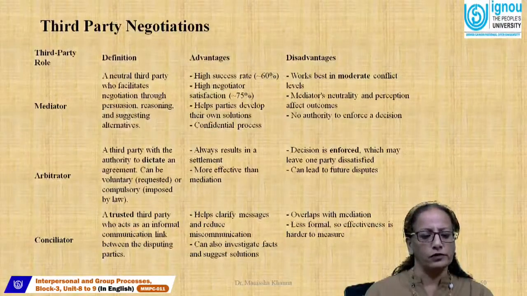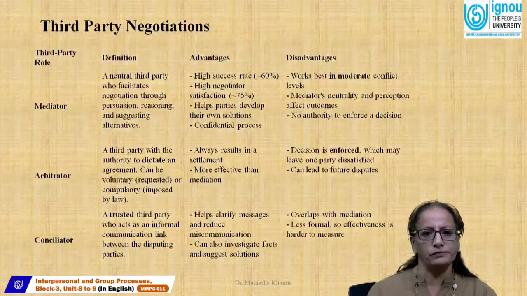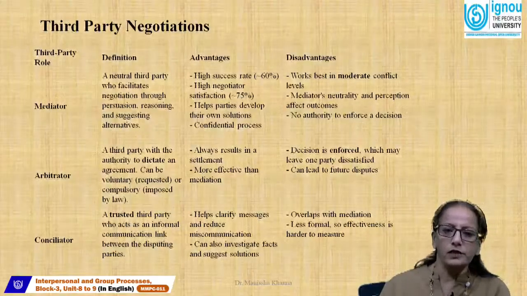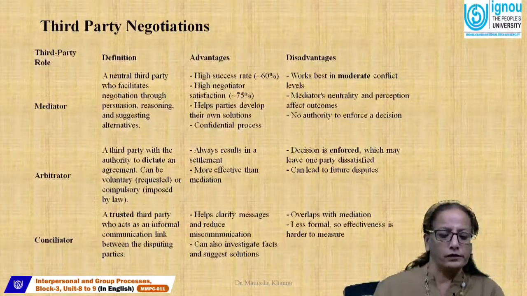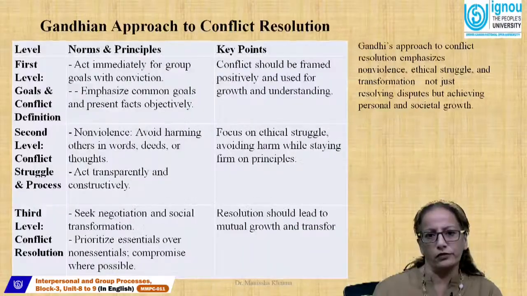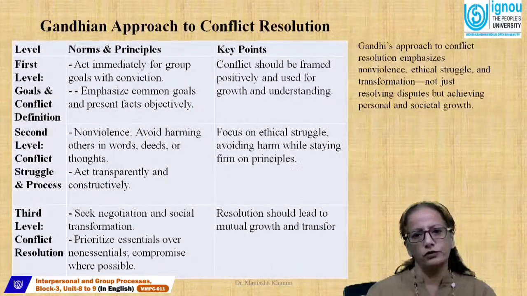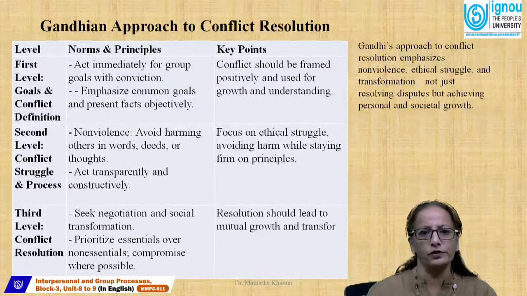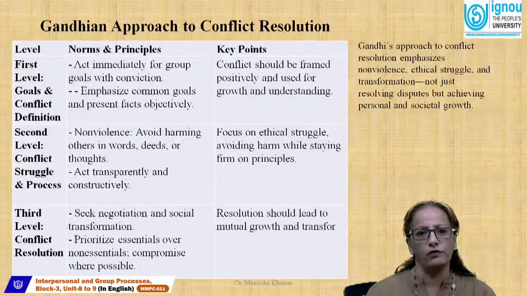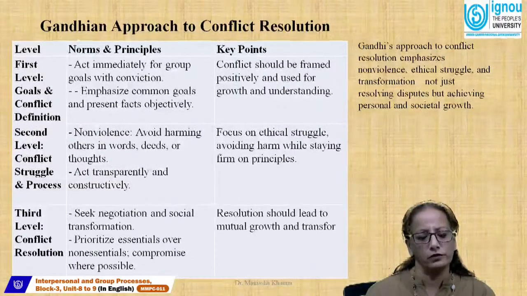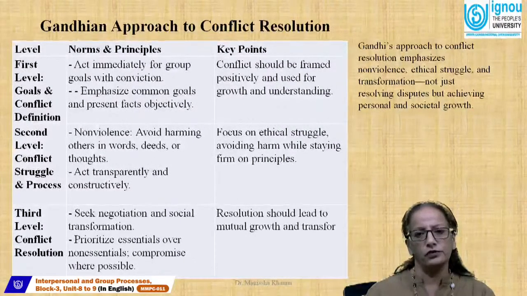Third party negotiations can be based on the mediators, arbitrators, and conciliators of the negotiations. The Gandhian approach of conflict resolution happens to be: first level as goal and conflict definition, then second level is conflict strategy process, and third level is conflict resolution. That happens to be, resolution should lead to mutual growth and transfer.